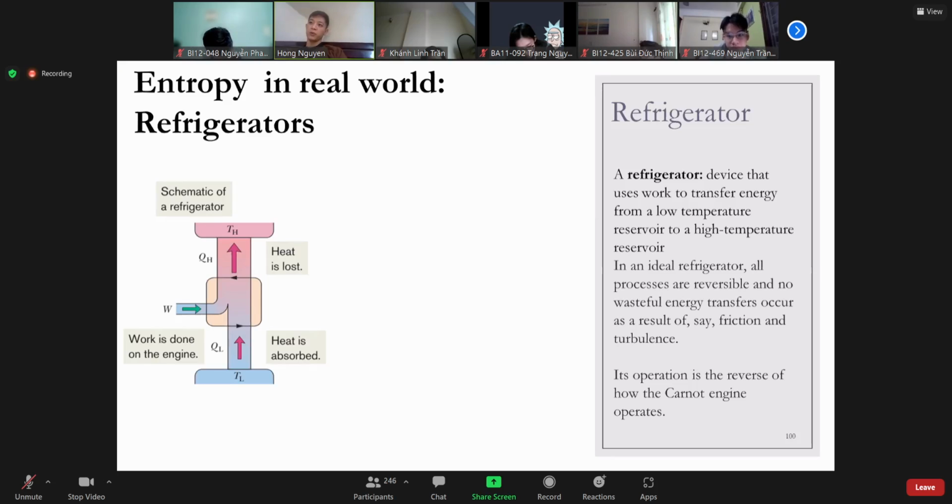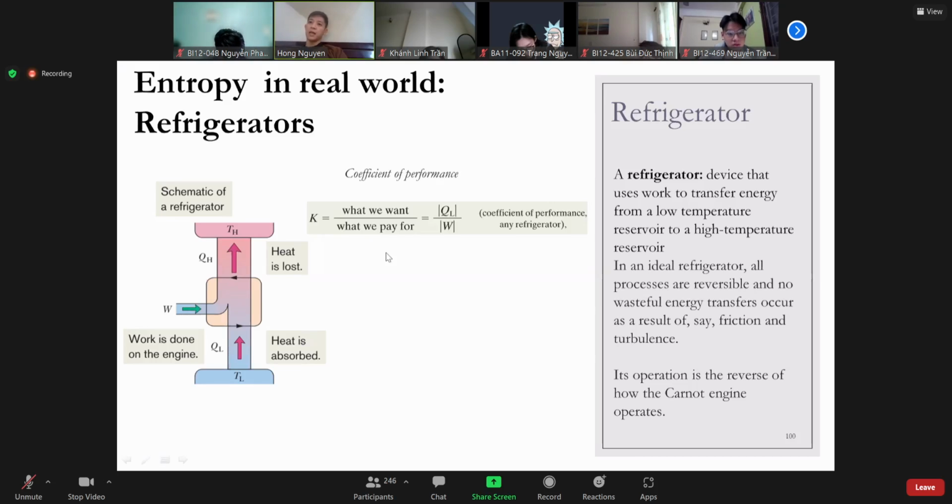Then we do inversely. Now we do not create work, but we provide work. We do not transfer the heat from the hot reservoir to the cold reservoir, but we transfer the heat from the cold reservoir to the hot reservoir. So this is a refrigerator.